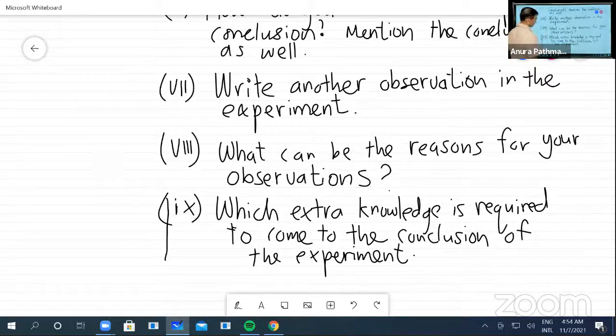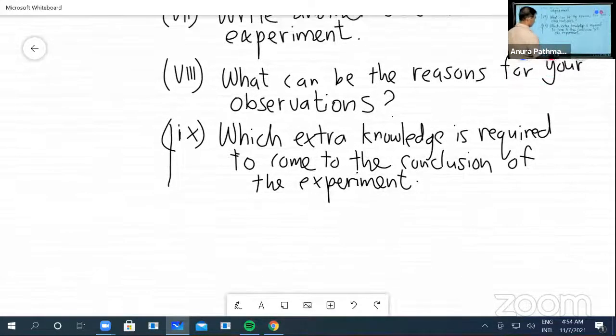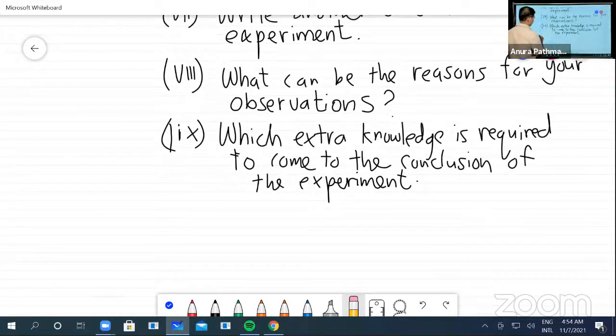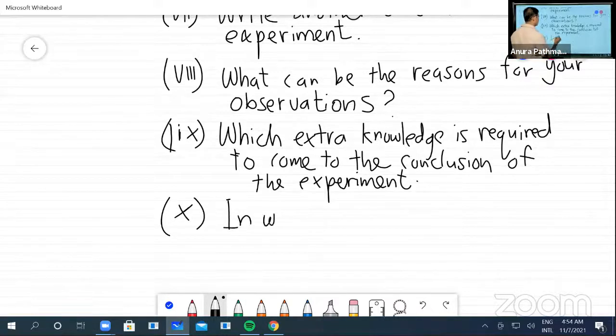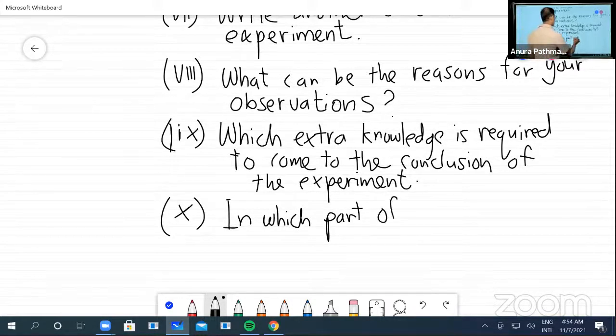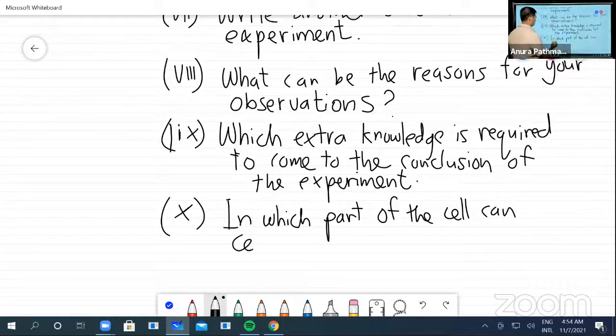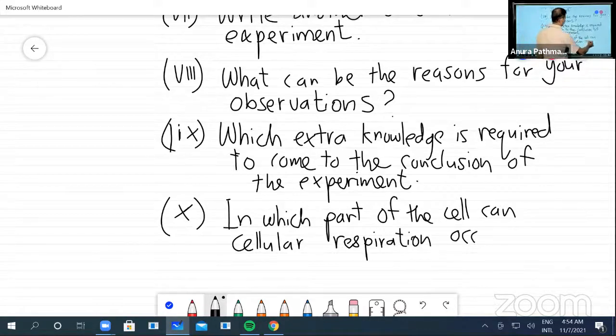And 10th question, the last one. In which part of the cell can cellular respiration occur?